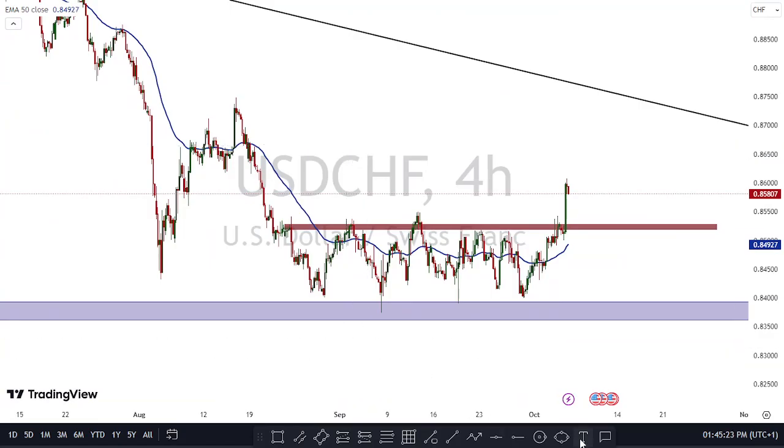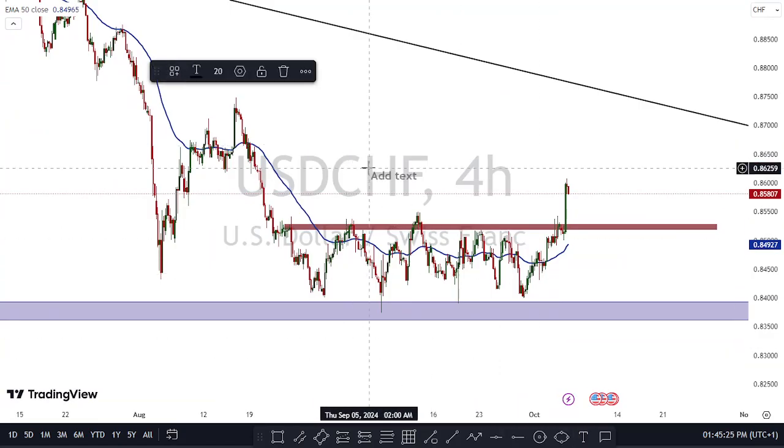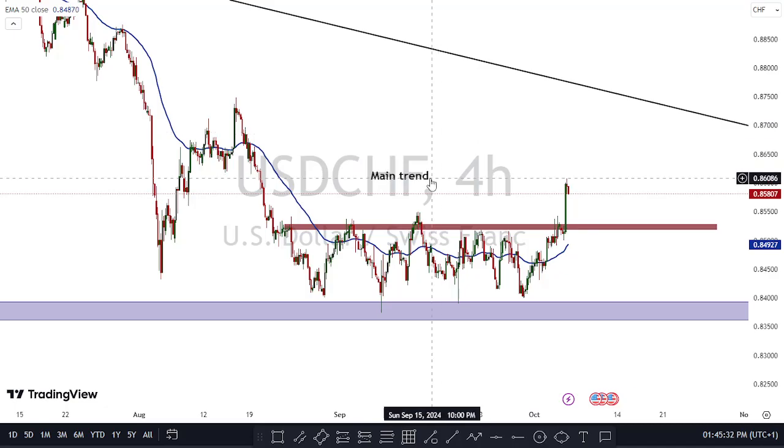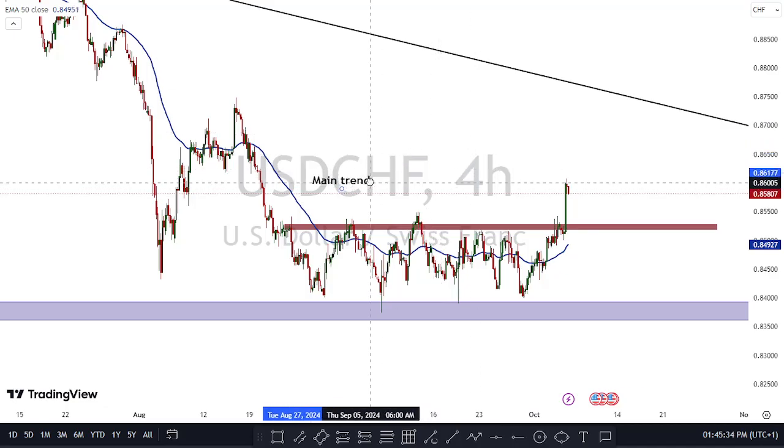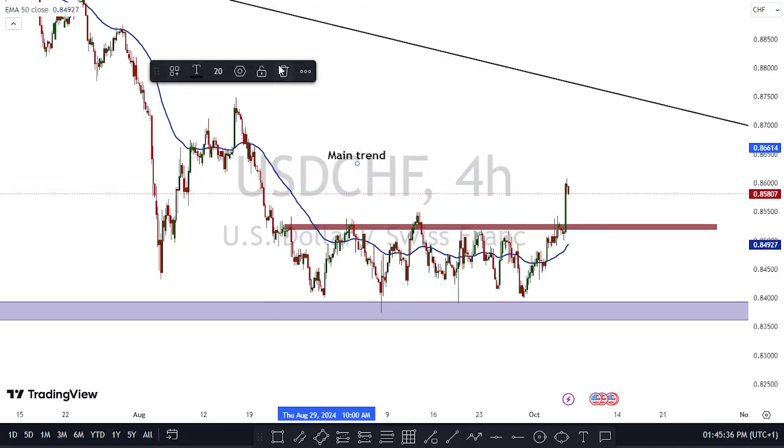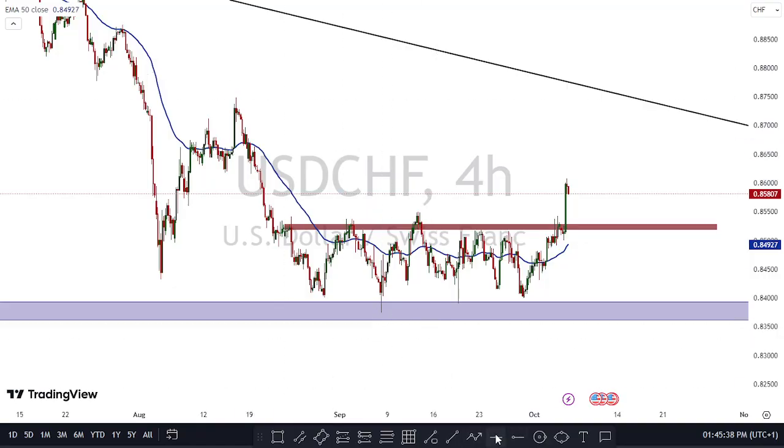Let me write it down. Main trend as a day trader. This is what I define as my main trend. 4 hour is my main trend. Let me write all those things out.